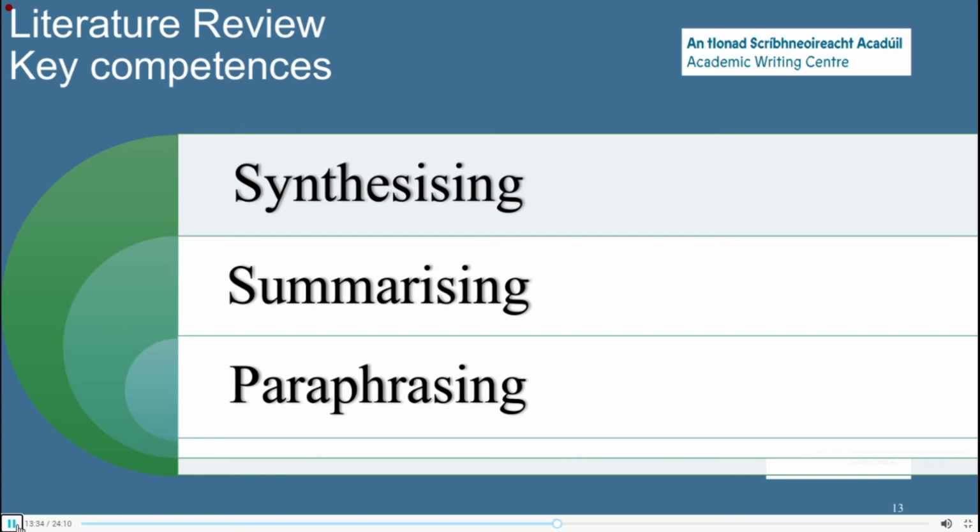As you know, a competence is an ability, a skill, and in this setting it is a cognitive ability to manage material and information sources and bring them together, weave them together into your discussion. And in order to do that successfully, you need to understand clearly what a synthesis, a summary, and a paraphrase is.